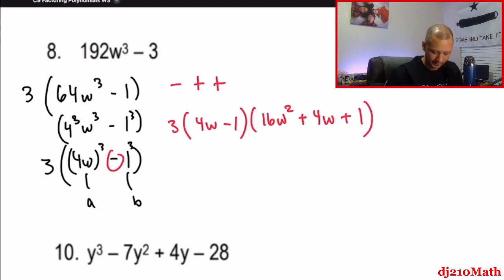Okay, and 16. Nope, not factorable. 1 and 16, 2 and 8, 4 and 4. Right, none of those make 4.